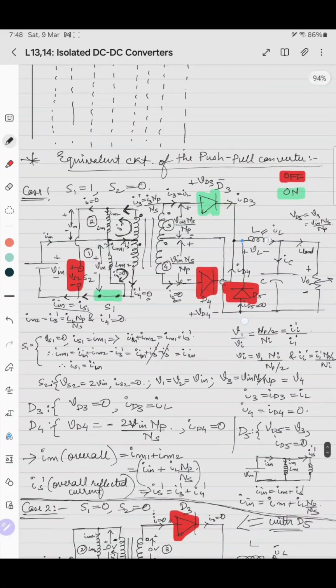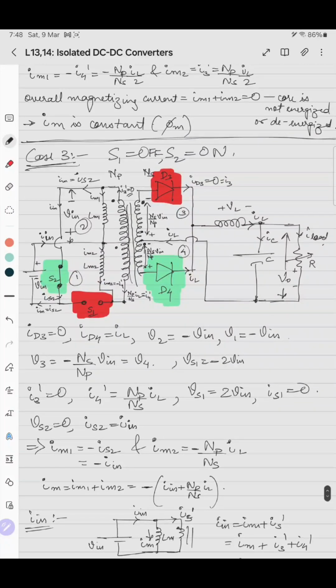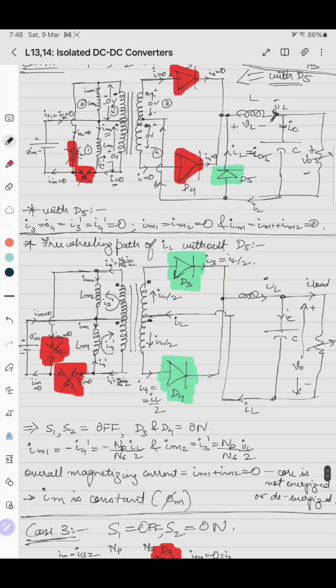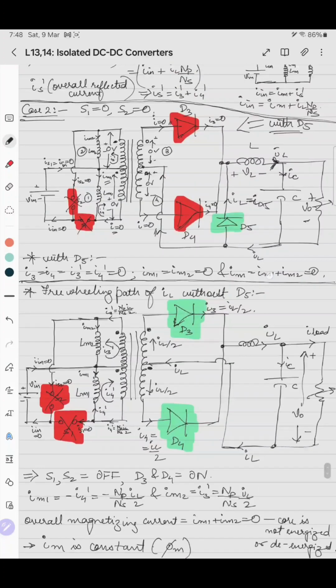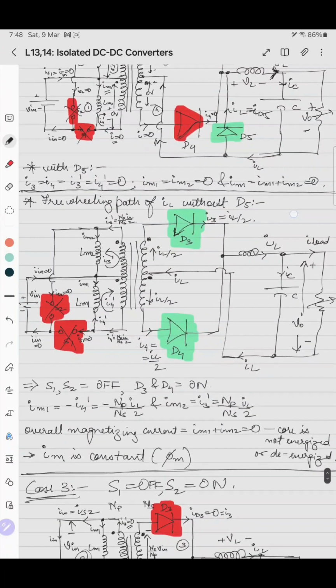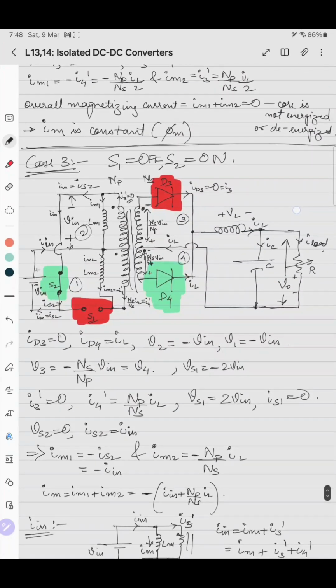So the diode is on, off. We saw that the diode in the first case is on, in the second case it is 0, but without D5 it is on, and in the third it is off.